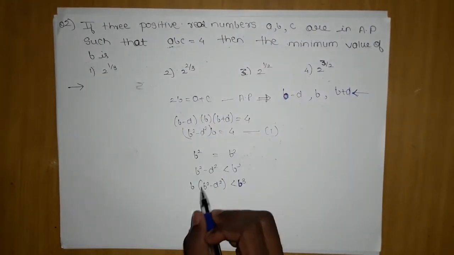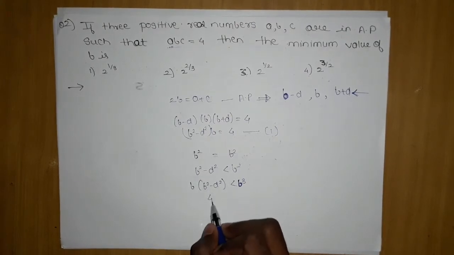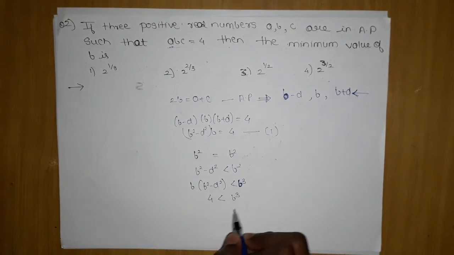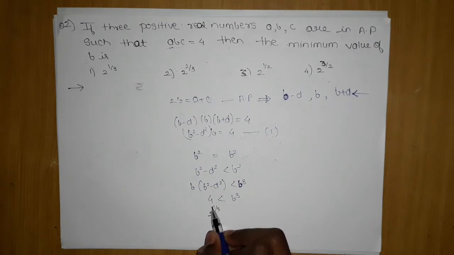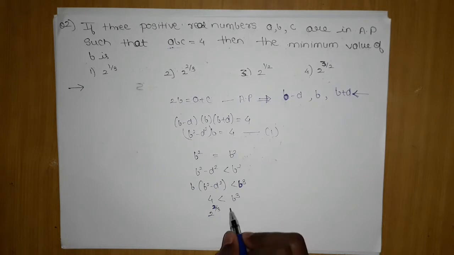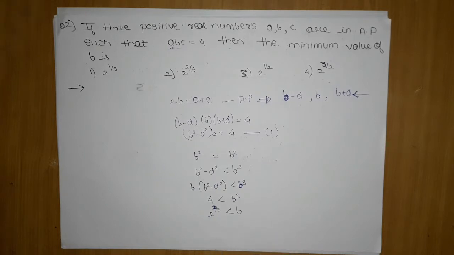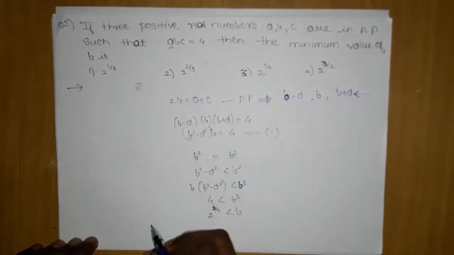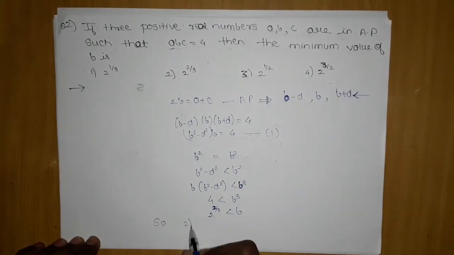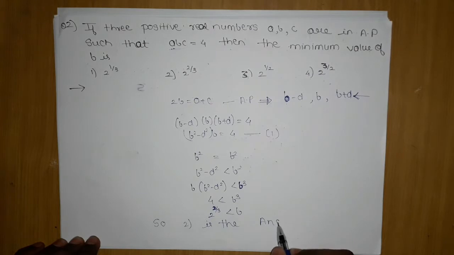We know this value from 1, which is 4, and this is b power 3. So b will be 2 power 2 by 3. This will be the b value. The minimum value will be greater than or equal to this, so we can take this. So 2 power 2 by 3 is the answer.